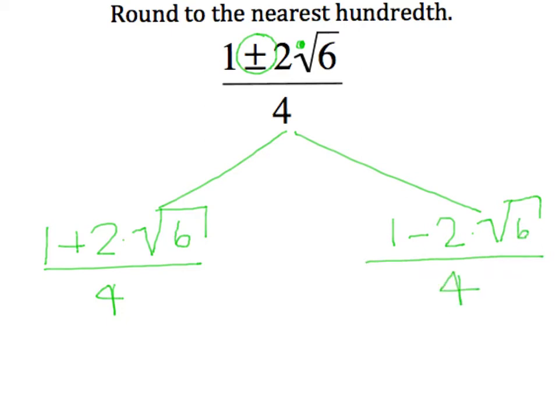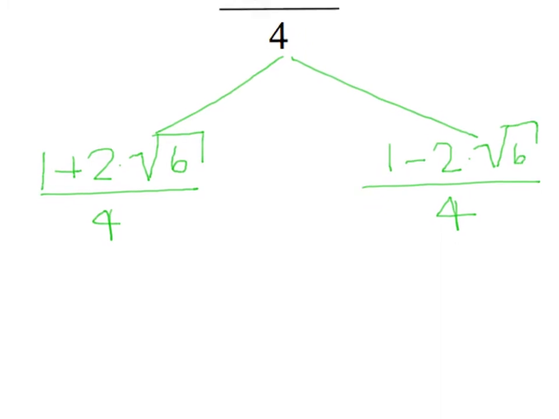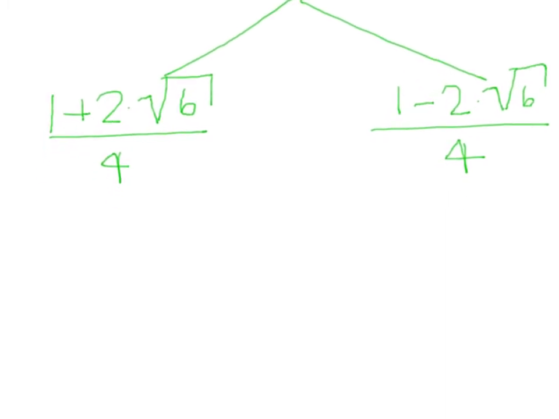I need to keep in mind the order of operations as I solve these 2 expressions to get the 2 answers. So what I need to do first here is the square root first. When I calculate the square root of 6, I'm going to get 2.45. So I'm going to round that to the hundredth. I'm going to rewrite this as 1 plus 2 times 2.45, all over 4.